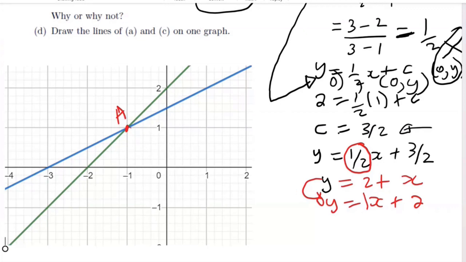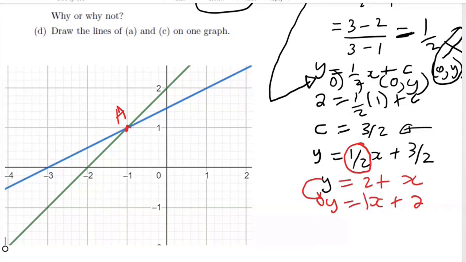Now I wanted to do many things with this question because it is opening up many opportunities. There's an opportunity of doing simultaneous equations here. So I thought, let me grab this opportunity and find the solution.